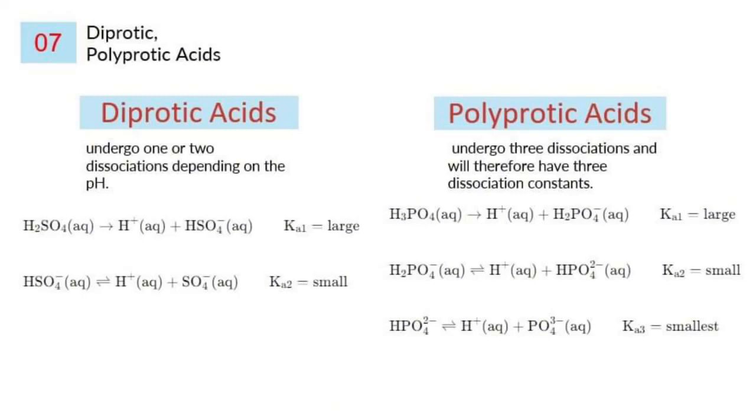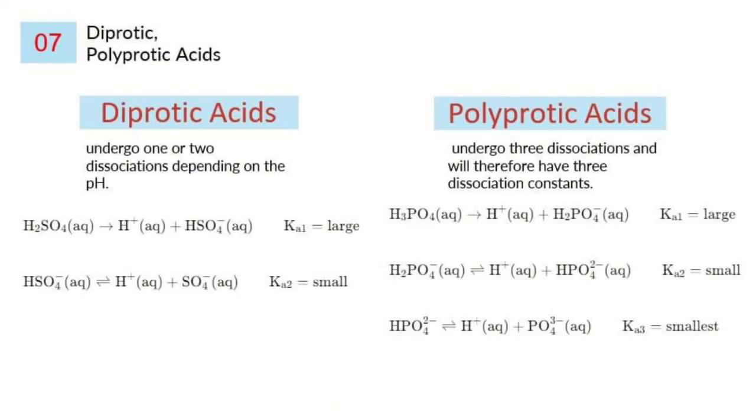The dissociation constant measures the extent to which an acid dissociates in a solution. A larger Ka value indicates a stronger acid, while a smaller Ka value indicates a weaker acid.